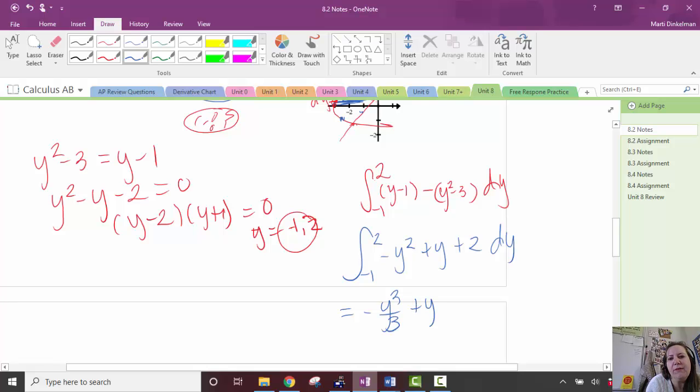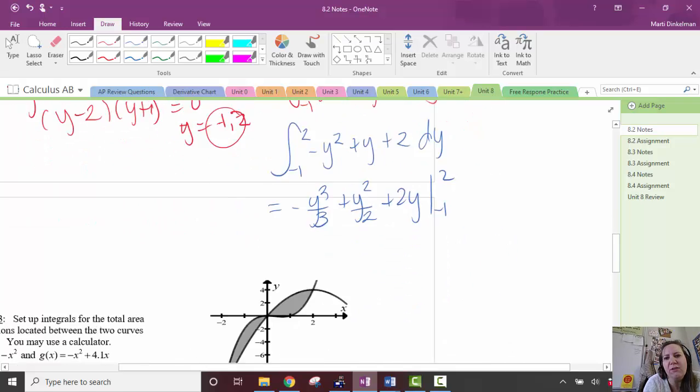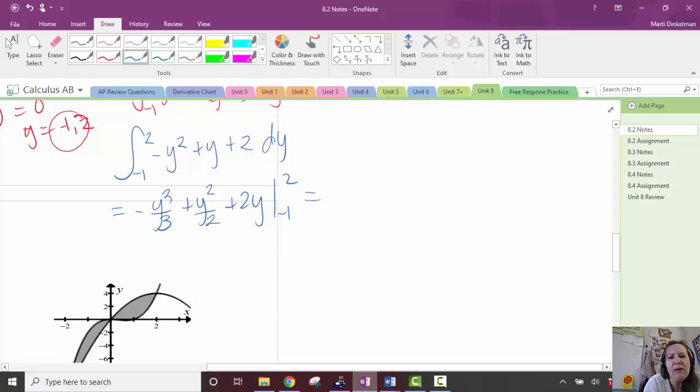So antiderivative, and then we're going to plug in our pieces. Unfortunately, there's not a 0 this time. So we're going to have negative 8 thirds plus 4 minus, and then that'll be a positive 1/3 with the negative 1 in there, plus a half minus 2.